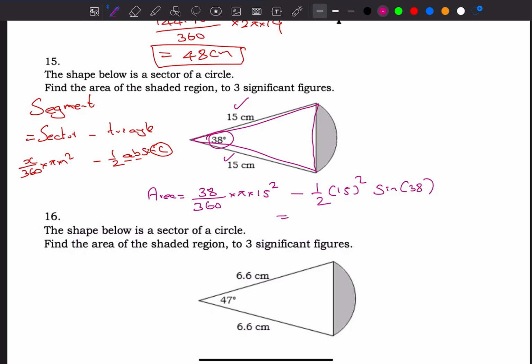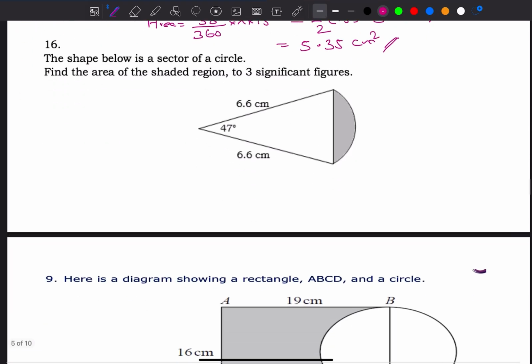That's it. 5.35 centimeters squared. Simple.